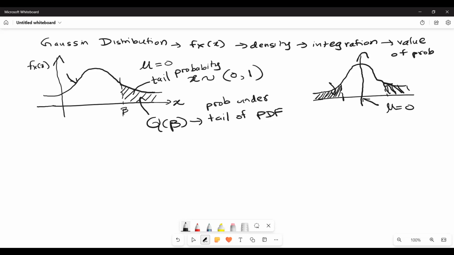We call these the tails. So to find the tail probability, we basically use the Q function.